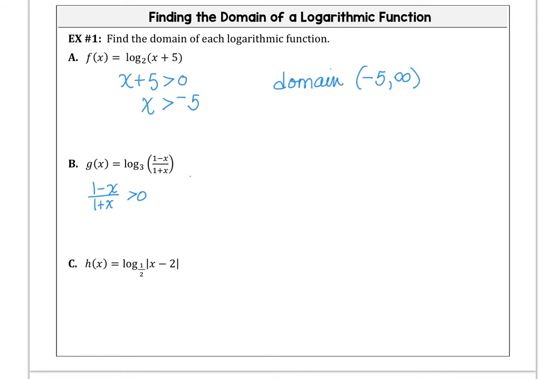In this example, I'd like to use a line test to determine where my statements are true. So in this case, we have two critical numbers at +1 and -1. So if we think about the all real number line, we are going to test our test values here.